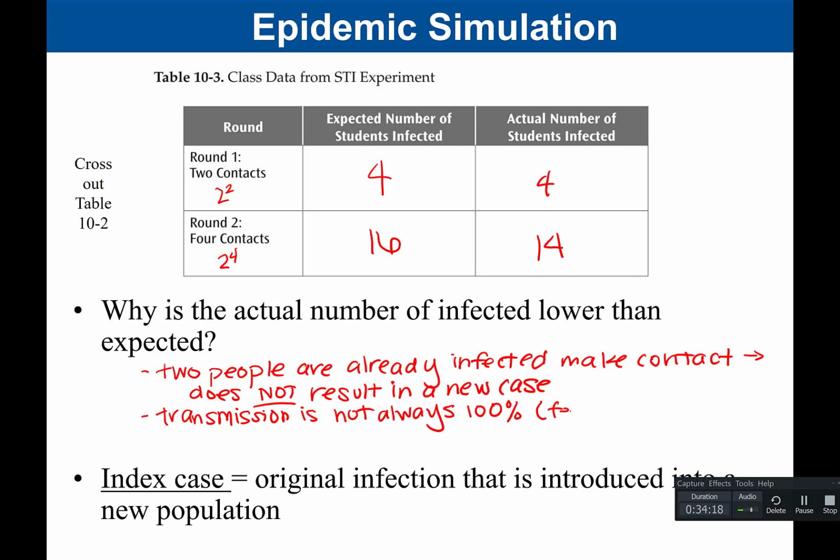And actually, females are more at risk of contracting the disease. For a sexually transmitted disease, oftentimes females are more at risk to get the disease. But back to transmission not always being 100%. If you make contact with somebody who has HIV, that does not necessarily mean that you are going to be infected.